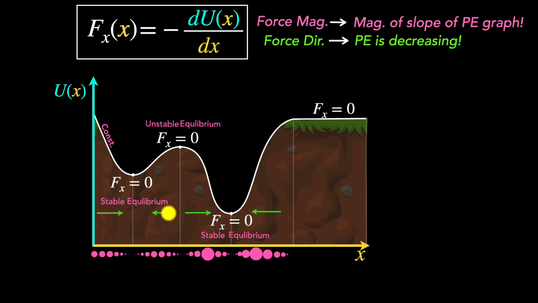This is why we love potential energy graphs. Whenever we are dealing with very complicated forces like this, instead of writing an expression for the force or even trying to draw the graph of a force, it's much more useful to draw the potential energy graph, because not only does it tell us about the magnitude and the direction of the underlying force, it also helps us predict intuitively how the particle would move under such complicated forces.